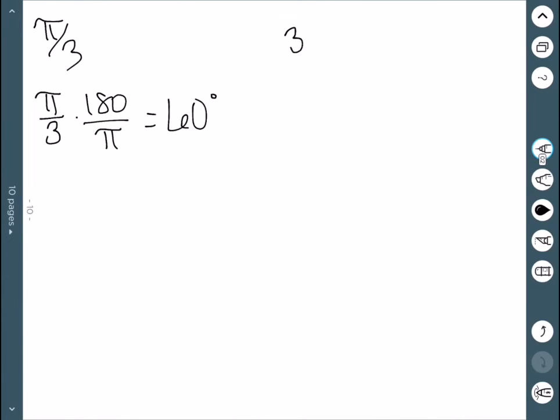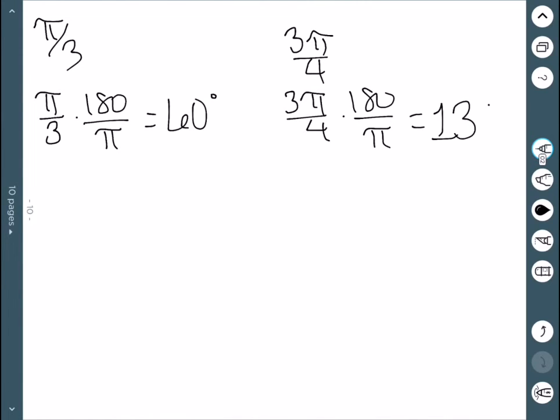If I want to do 3 pi over 4, well, multiplying that by 180 over pi, we would have to do 180 times 3, which is 540, divided by 4 is 135. Minus 3 pi over 2.